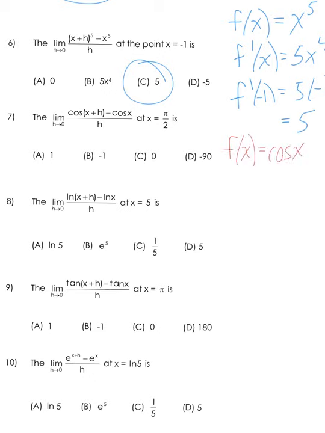You are not plugging into that. You are taking the derivative of that. The derivative of cosine x is negative sine x. And then I will plug the pi over 2 into that.